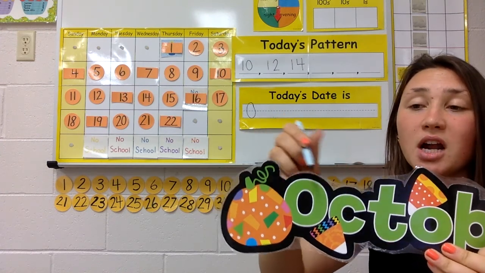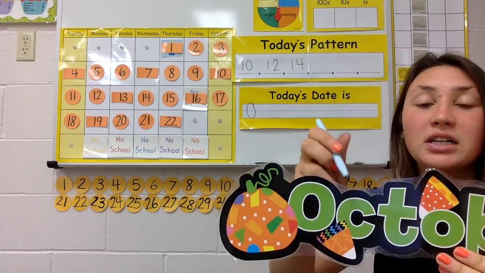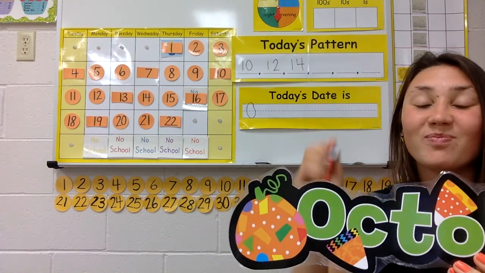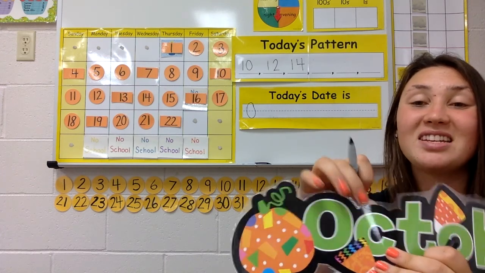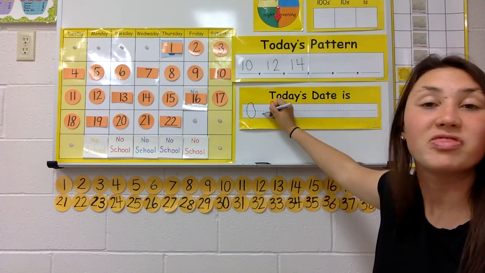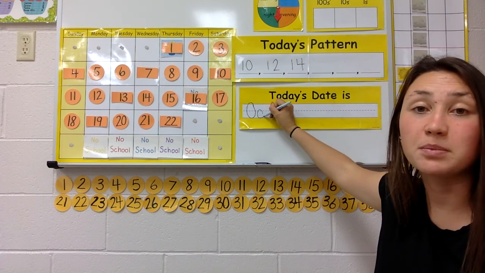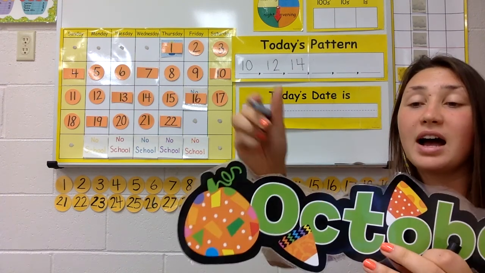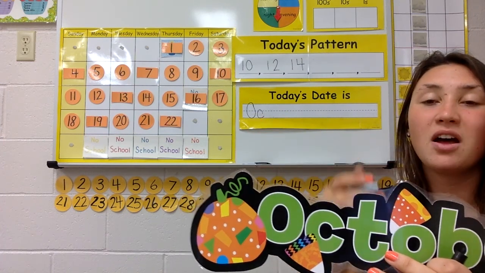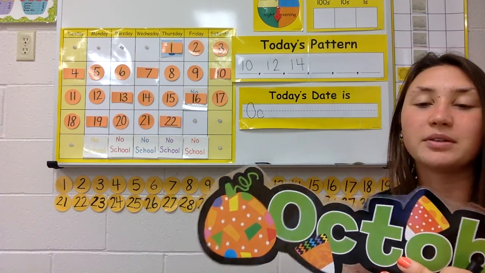What about this letter? This letter, k. What letter makes the k sound? Yep, C does. So go ahead and make your lowercase c. This is only going to be half as big as your big capital O, right? T. What letter makes the t sound?